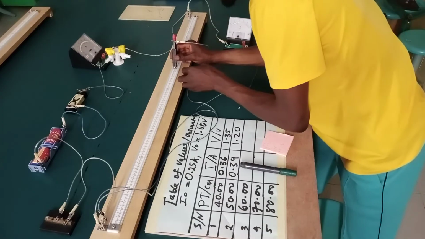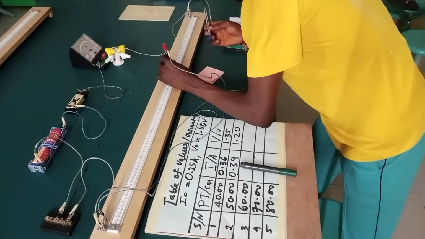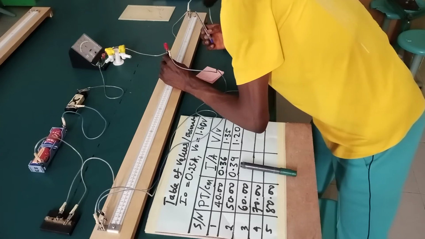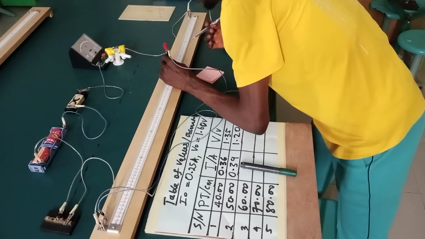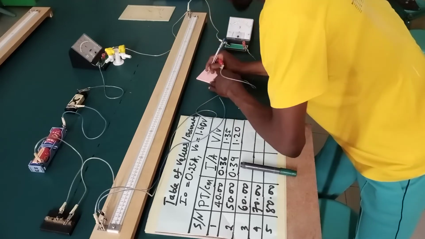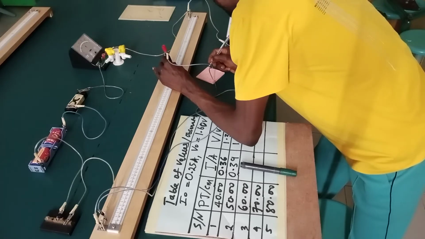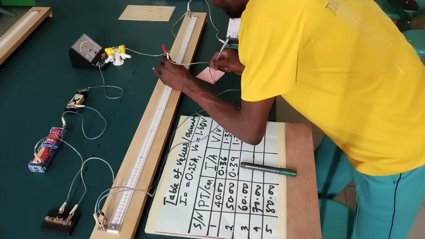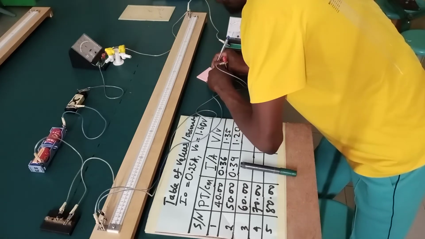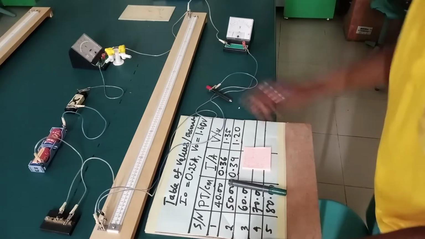What do I have at 60? At 60, I have 7. I have 11.5.